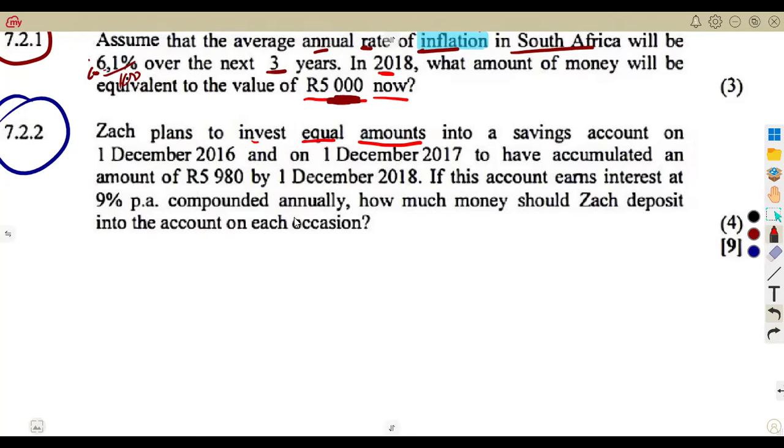Equal amounts into the savings account on 1 December 2016, and on 1 December 2017, to have accumulated an amount by 1 December 2018.